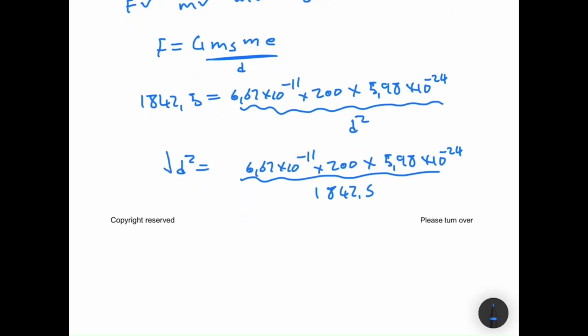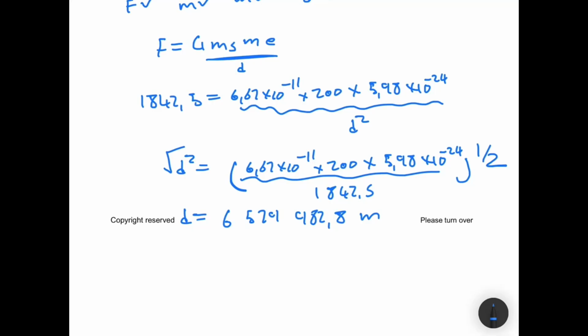You take the square root on this side and on the right-hand side too, and you get a distance of 6,579,982.8 meters. So this is the distance between the Earth and our satellite.